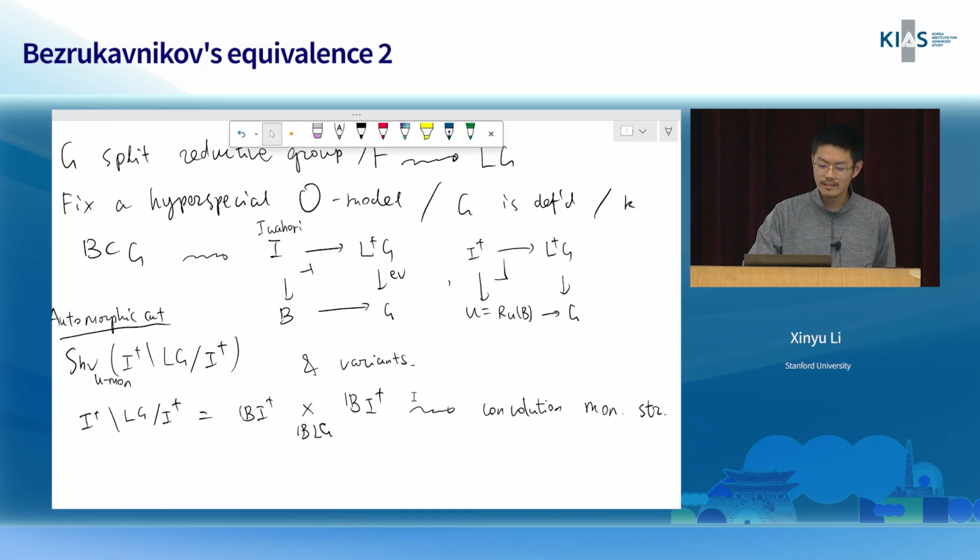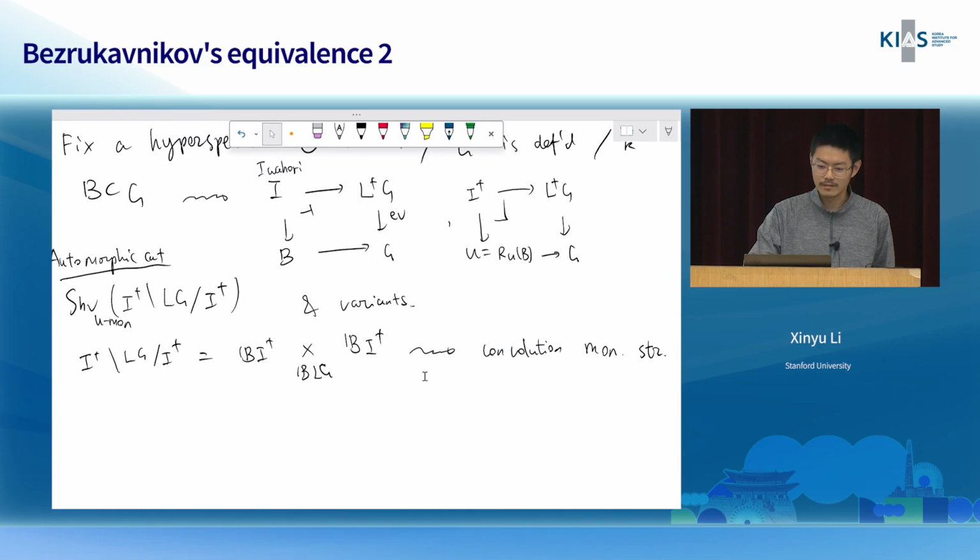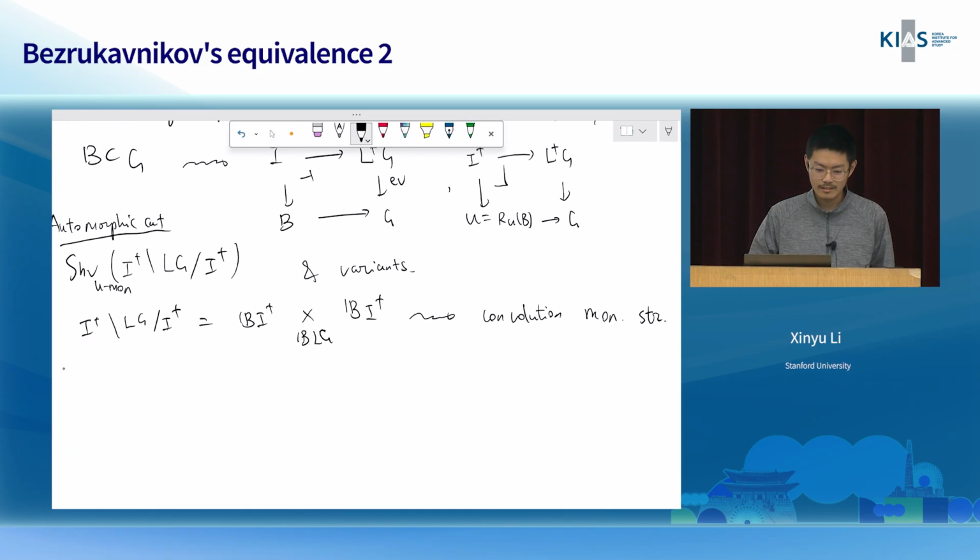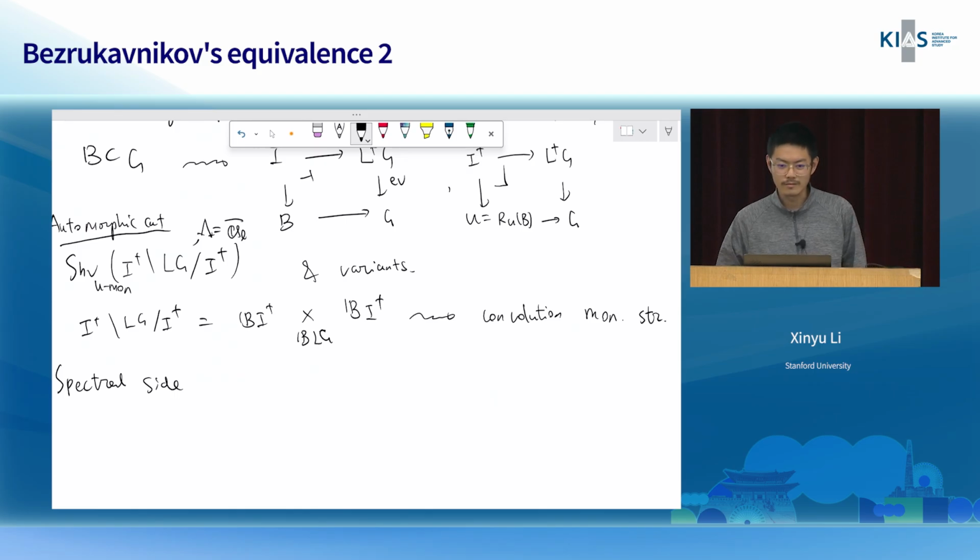Okay, that's the automorphic side of Bezrukavnikov's equivalence. Oh, by the way, my sheaf theories are all ℓ-adic sheaves, so today I'm only going to work in the characteristic zero situation. That's the setup of Bezrukavnikov's original paper.